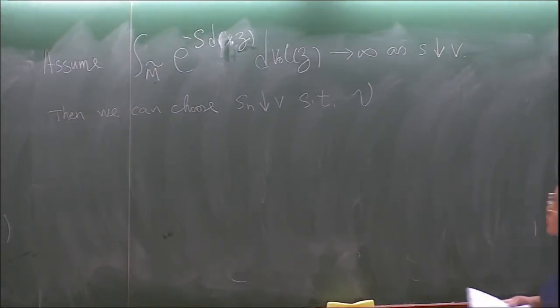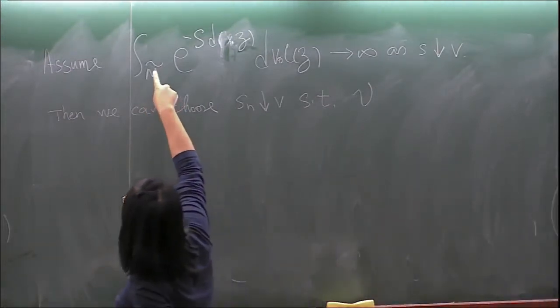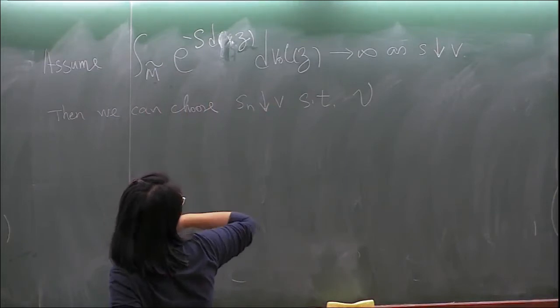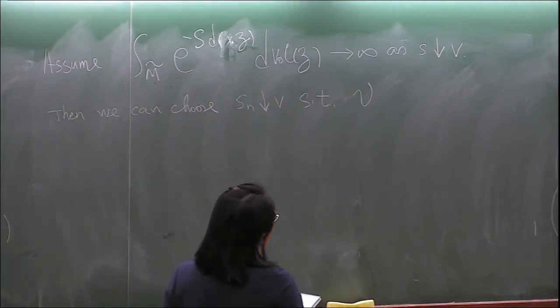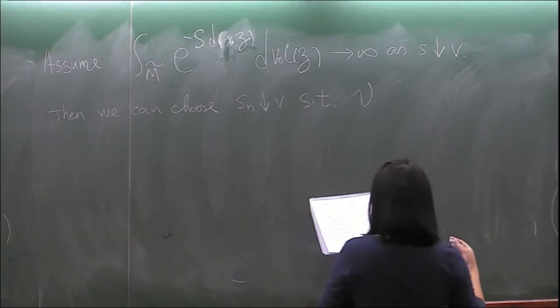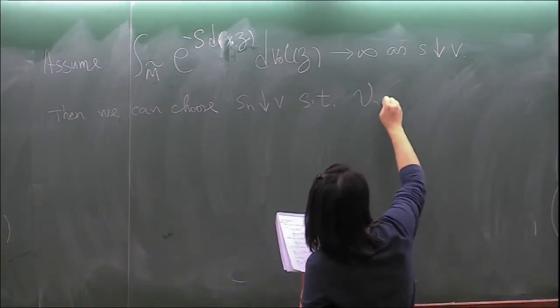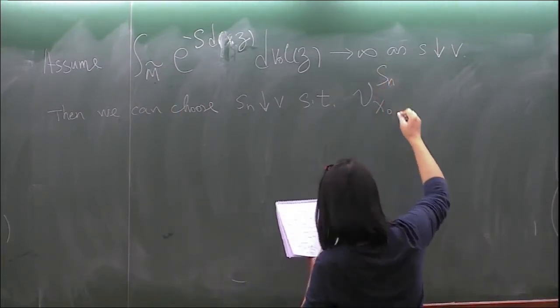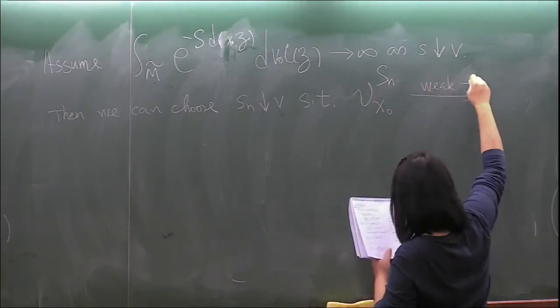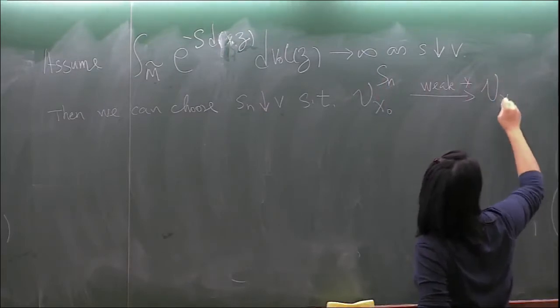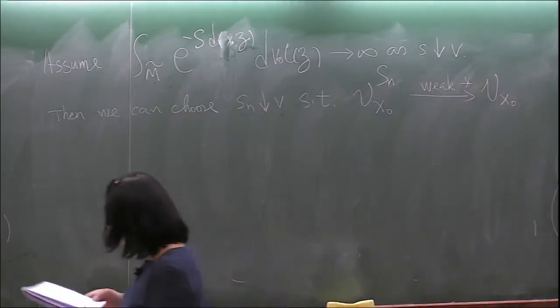This is one observation. And then once we assume this goes to infinity, then we can choose s_m such that the subsequence will converge. So x naught s_m in the weak star sense will converge to x. Okay?